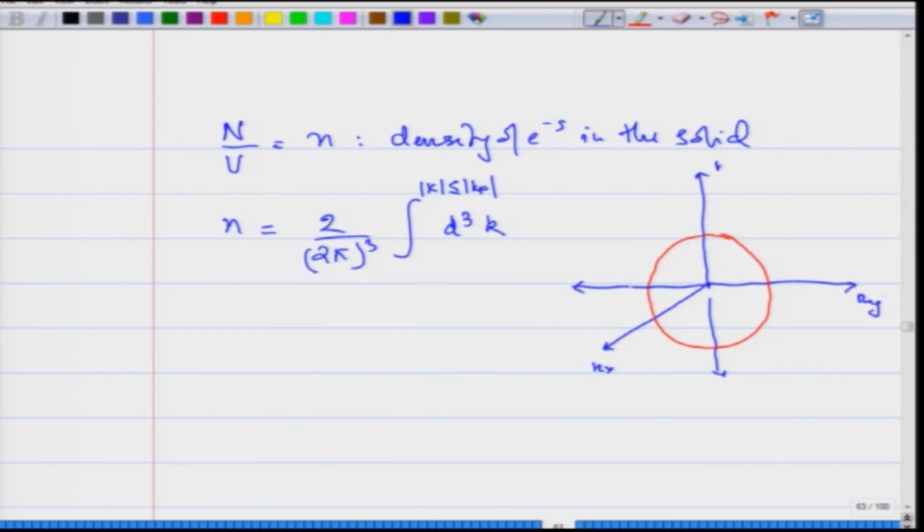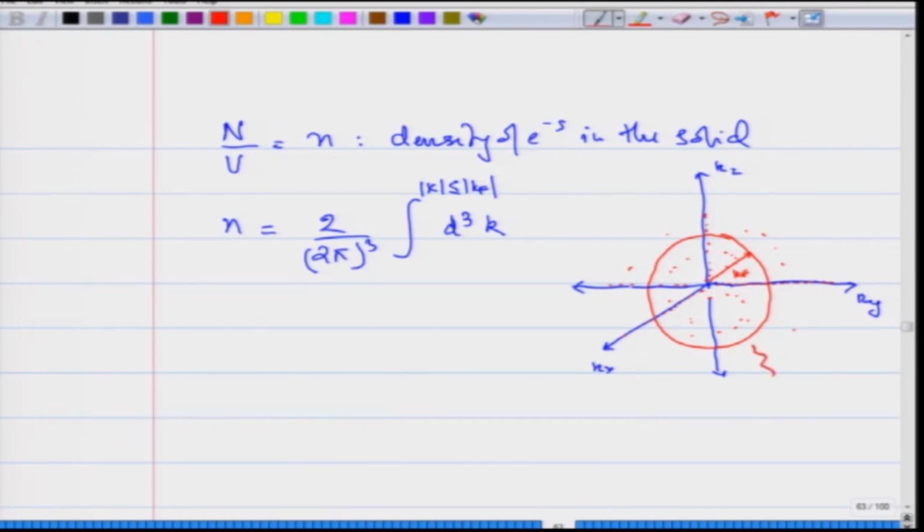There are momentum states which are available on this sphere, as well as in between, outside and so on, but there is a sphere whose radius is kF.